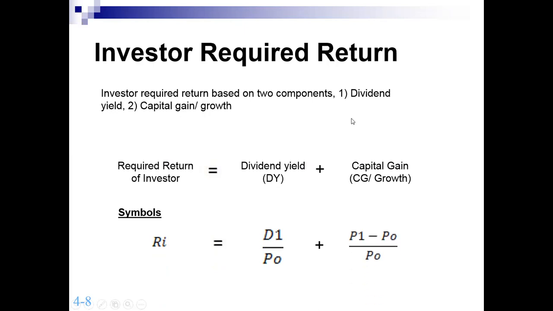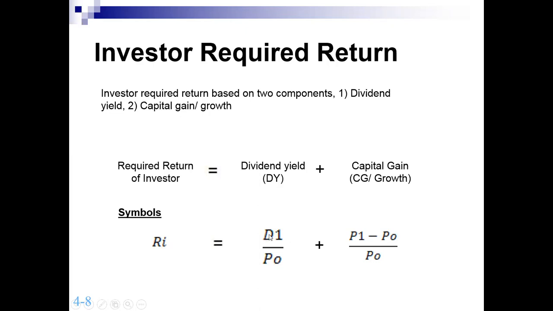In most of the textbooks, you will find similar kinds of titles, depending on whether you are using capital symbols or small symbols. So RI will be used for investor required return, D1 upon P naught will be used for dividend yield, and P1 minus P naught upon P naught will be used for capital gain.